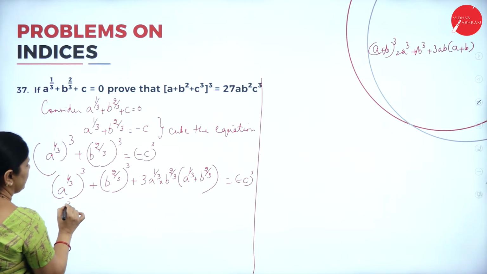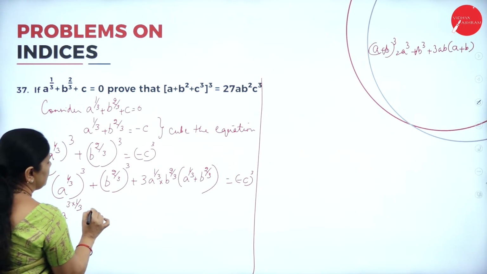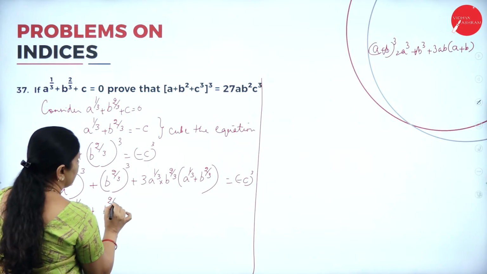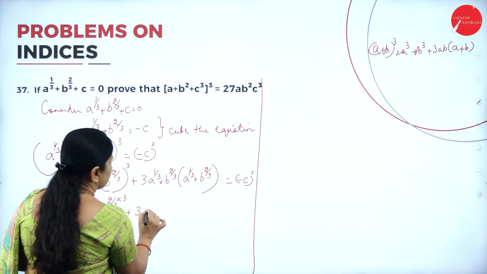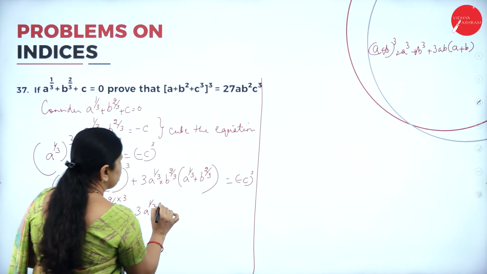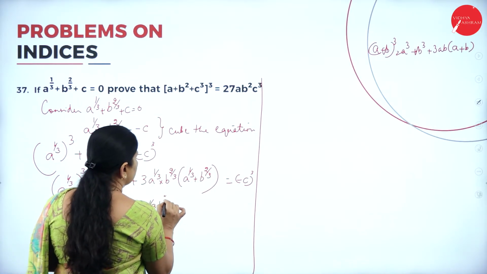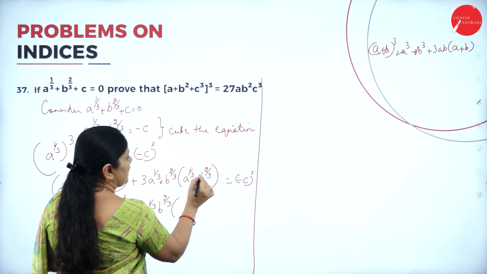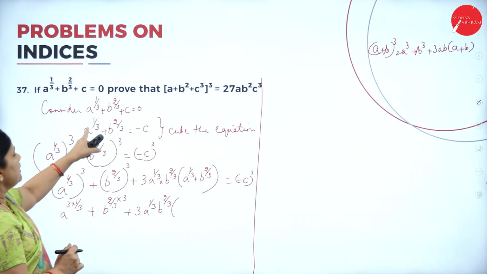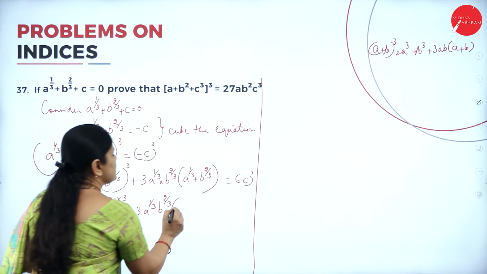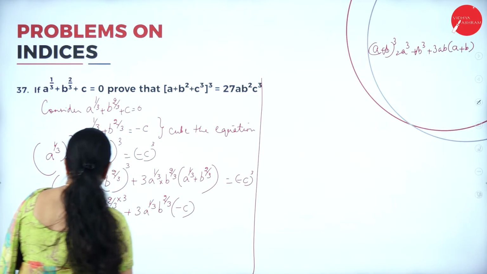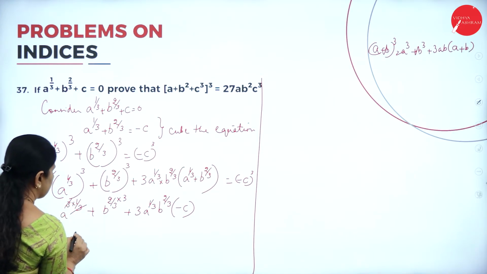Now, I am simplifying it further. a into 3 into 1 by 3 plus b to the power of 2 by 3 into 3 plus 3 into a to the power 1 by 3 into b to the power 2 by 3. Now, instead of writing a to the power of 1 by 3 plus b to the power 2 by 3, I'll write it as minus c. So, minus c, I will write it here. Now, 3 and 3 gets cancelled.